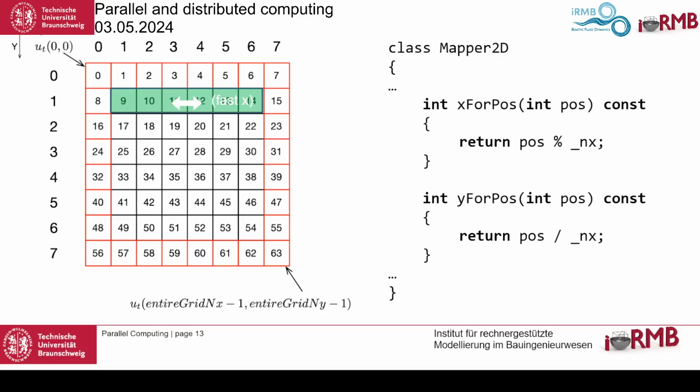See, you divide 8 by 5. 8 by 5 is 1, okay? Because we made absolutely clear that all of this is integer. This is why we can do it like this.